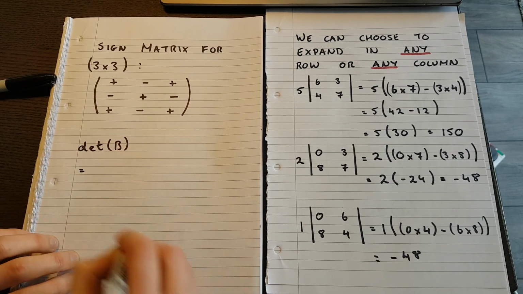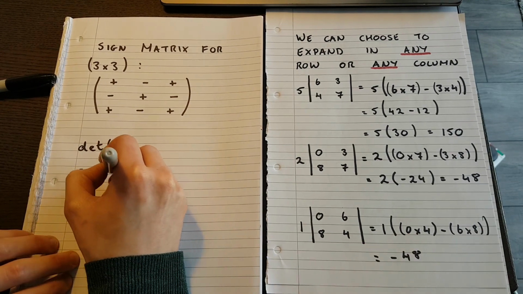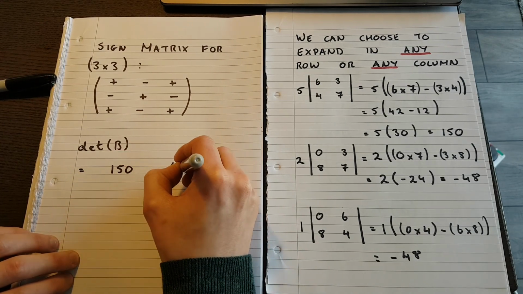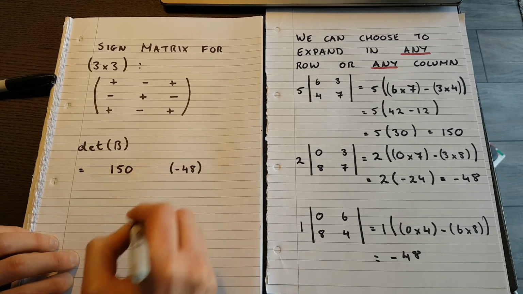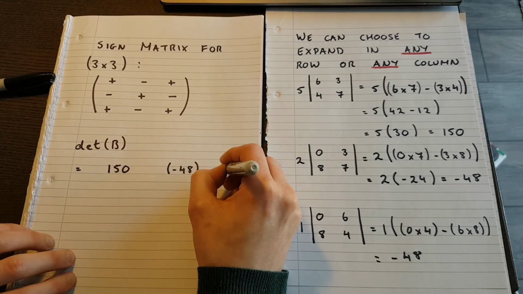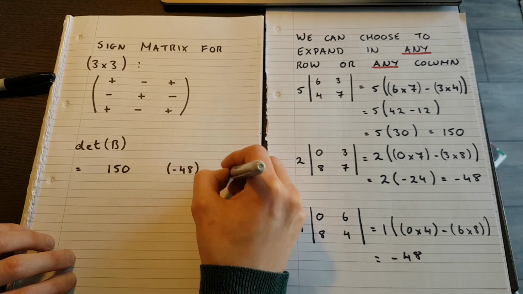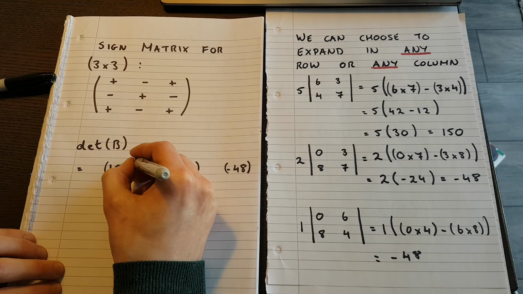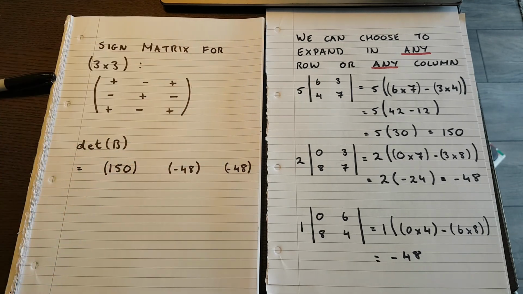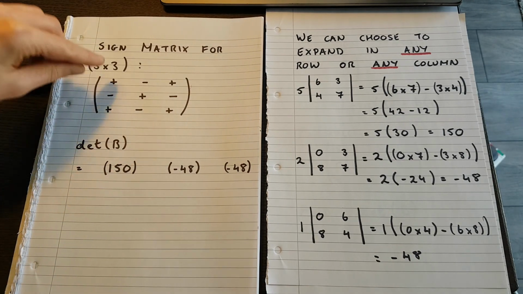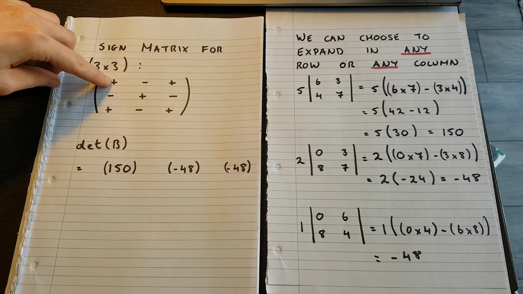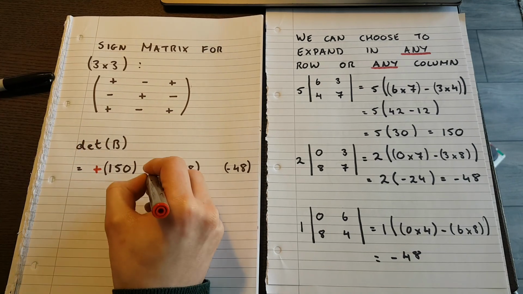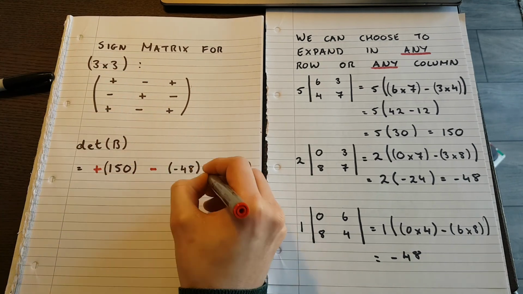is equal to the values I've just worked out, which were 150, minus 48, and minus 48. Now I need to take these 3 separate values and apply the signs that I see here. This was expansion in the first row, so the first one gets a plus, the second one gets a minus, and the third one gets a plus.